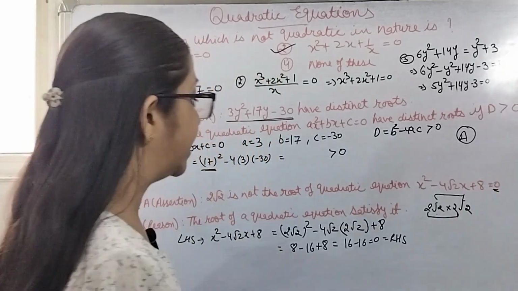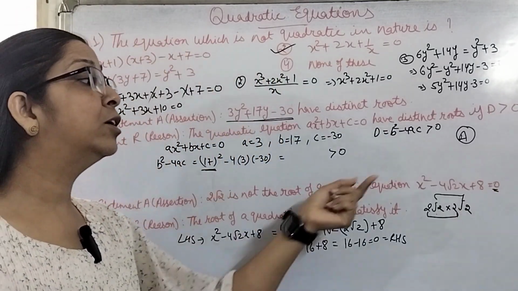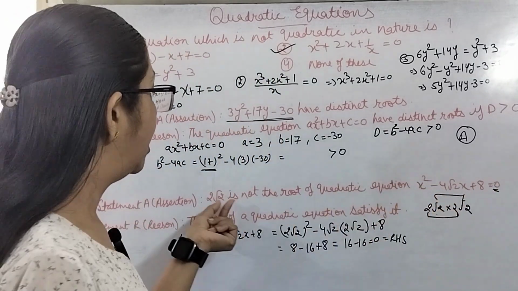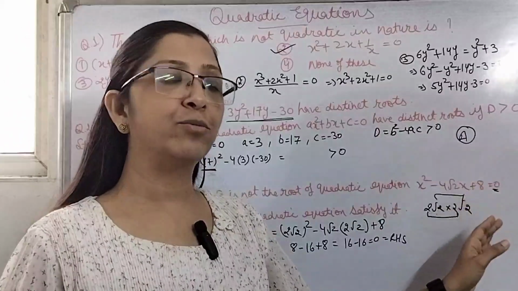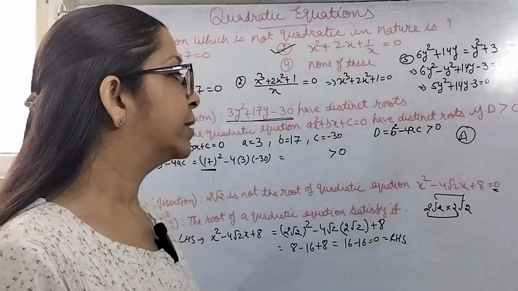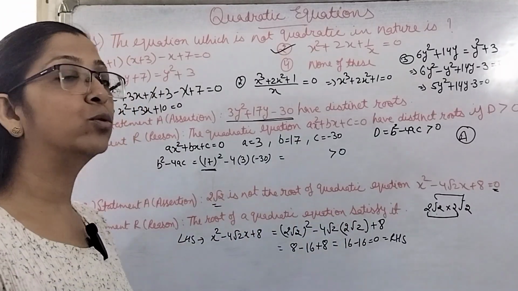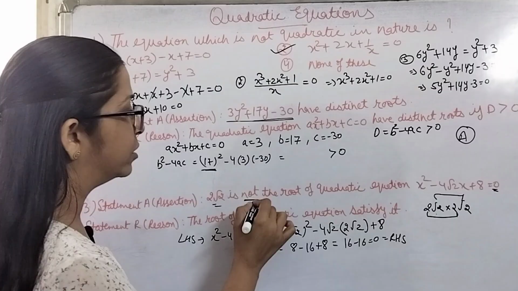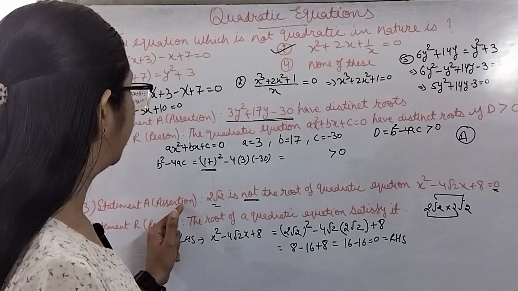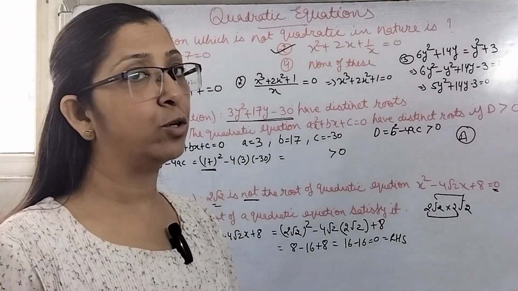That is 0. That simply means 2 root 2 is the root of this quadratic equation, because when we replace this x by 2 root 2, the equation is satisfied, the equation becomes true. But the assertion was that 2 root 2 is not the root of the quadratic equation. That means the assertion is false. It is not true.